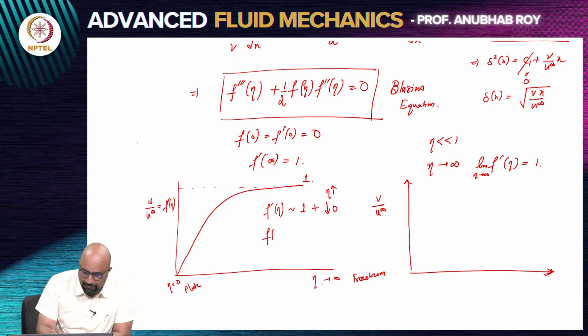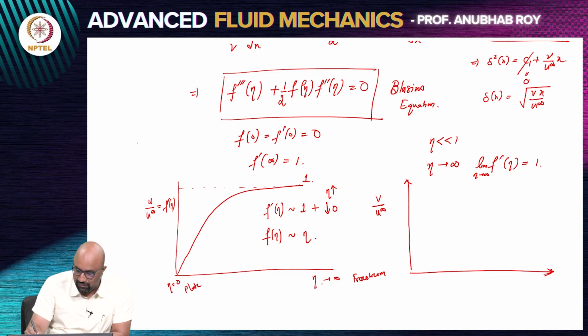So f of eta for large values of eta will go as eta. Okay, so f goes to eta, and that will give us our vertical velocity.